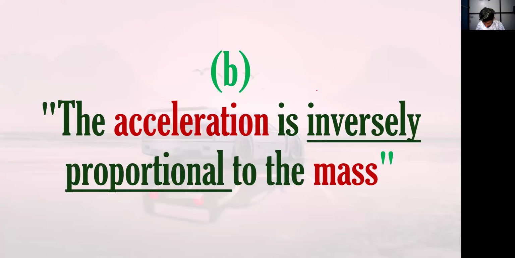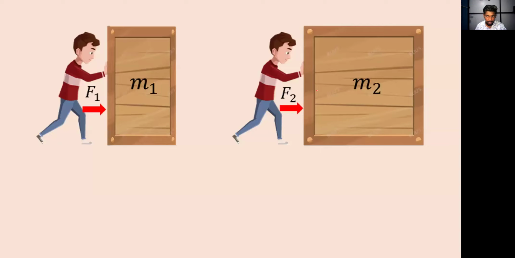And the second part, look at this example here. In case A or case B, in which case will the acceleration be high? When the mass is low, the acceleration will be high, right?